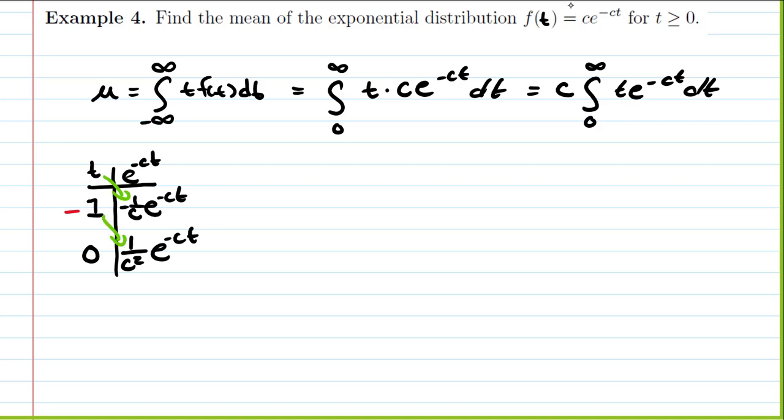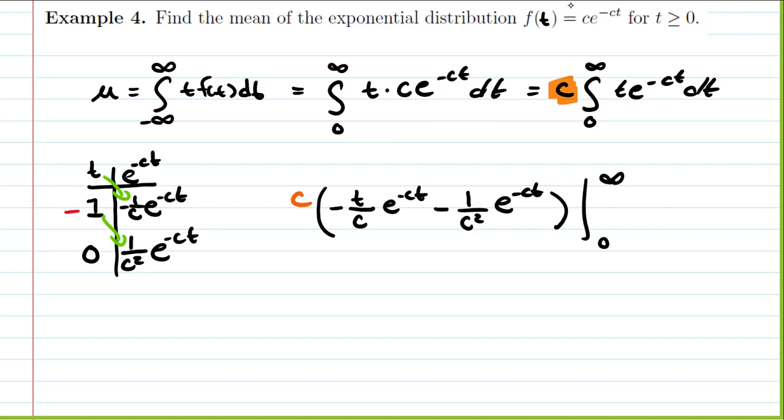So we get that our antiderivative is, let's not forget this guy, c times our antiderivative, which is negative t over c e to the negative ct minus 1 over c squared e to the negative ct. And then we need to evaluate that from 0 to infinity.